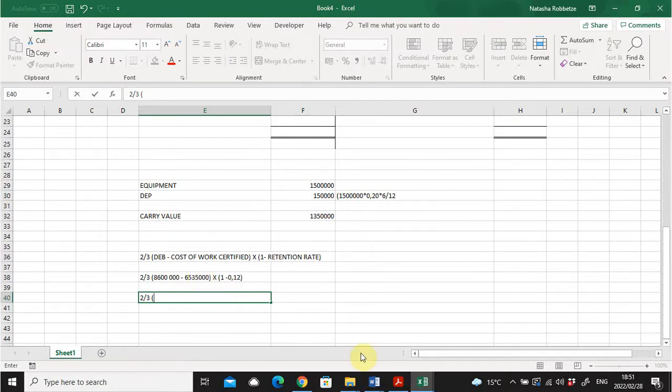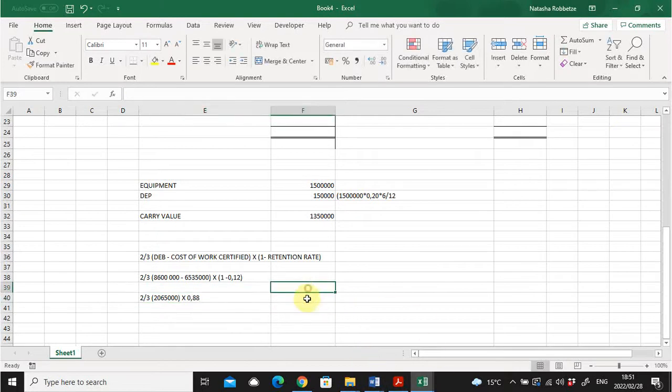If I type that into my calculator, I get 2,065,000 times 1 minus the retention rate, which should be 88%. And if I now type this into my calculator, I get a profit of 1,211,467. Please note it's 666.